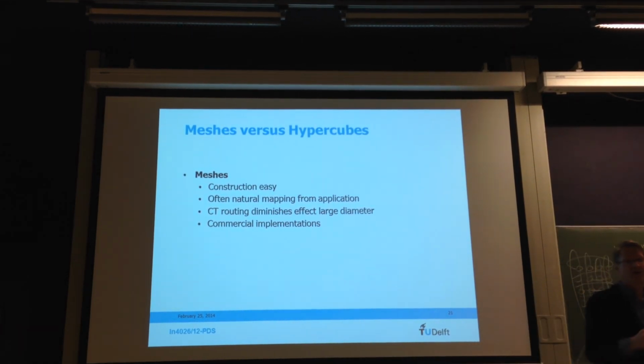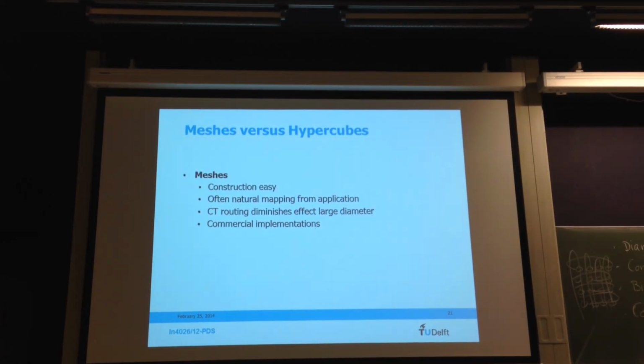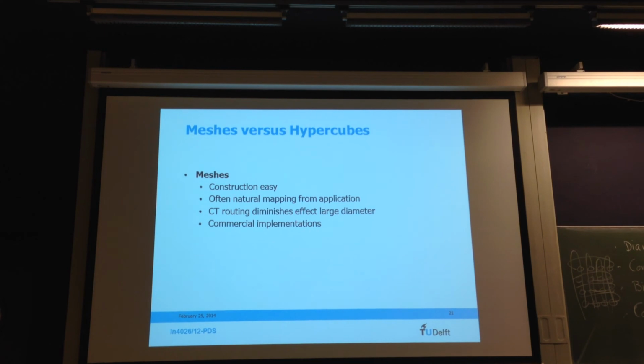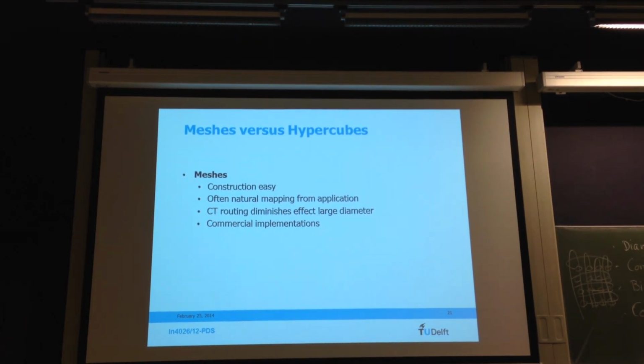We will look at it later, and I will give some examples. Also, this two-dimensional structure, maybe three-dimensional, but dominantly two-dimensional decomposition of your application is a quite natural decomposition.